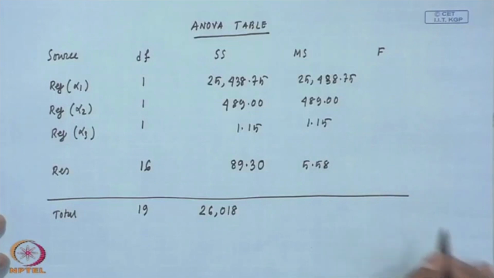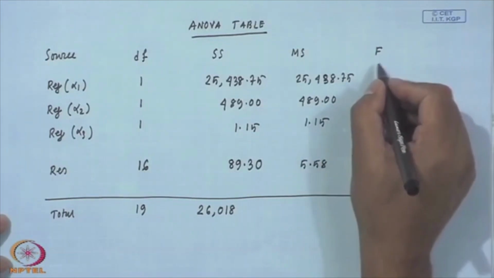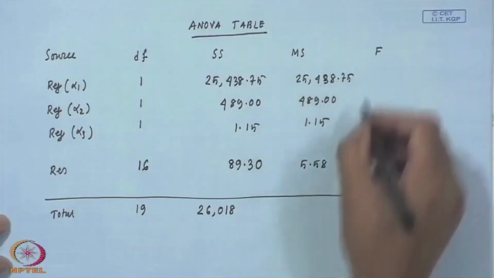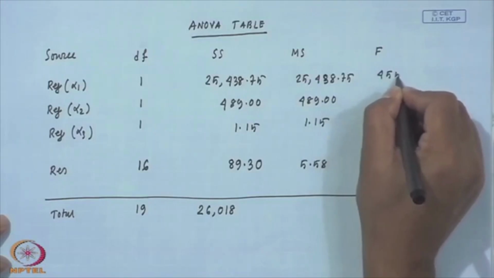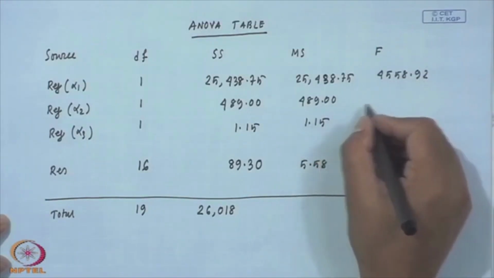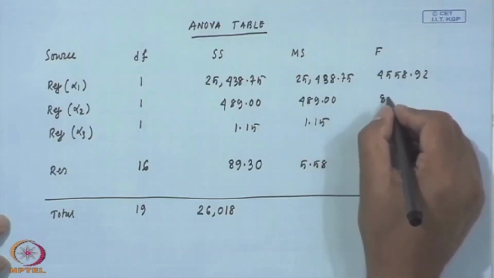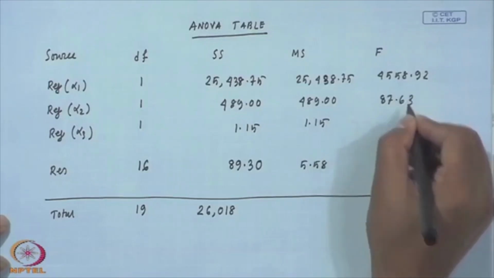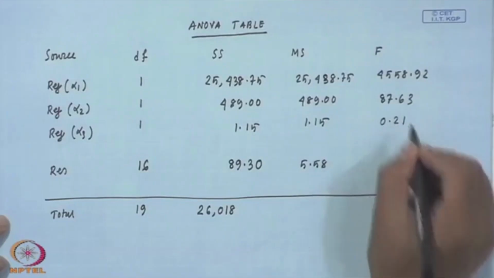Now, of course, the F value, you can check, is this divided by this, that is 4558.92, and the F value for alpha 2 is 87.63, and the F value for alpha 3 is 0.21.